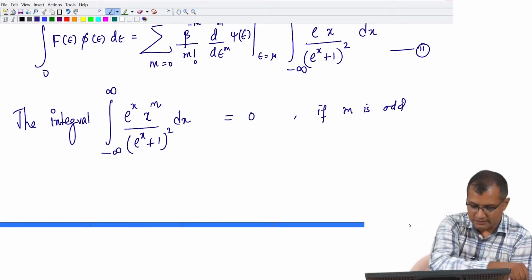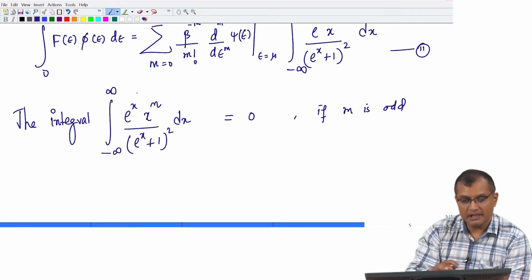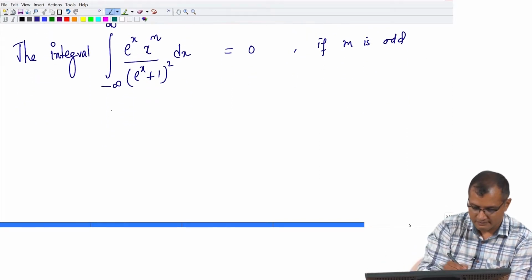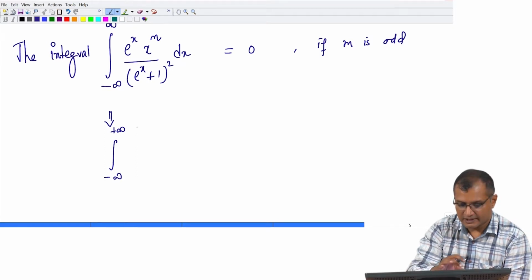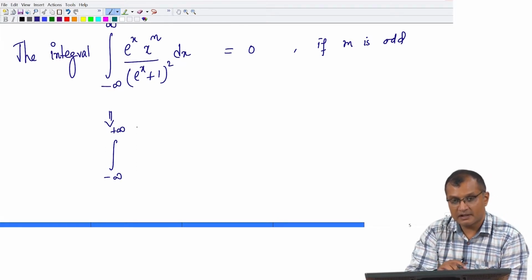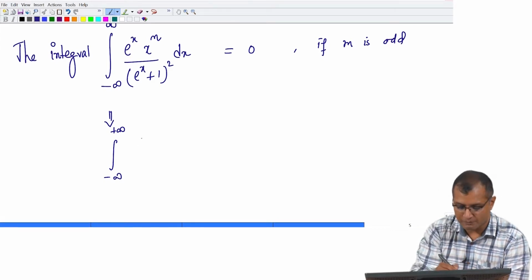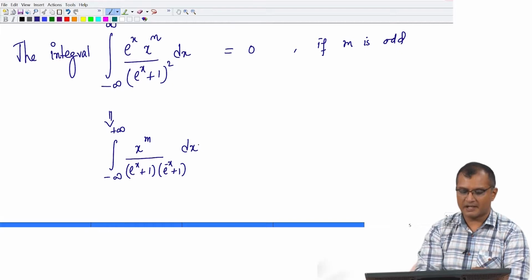Now, the integrand here, which is this function, I can write as an integral from minus infinity to plus infinity. I can rewrite e raised to x upon e raised to x plus 1 the whole square as simply multiplying both the numerator and denominator with e raised to minus x. This simply becomes, just rewriting it.